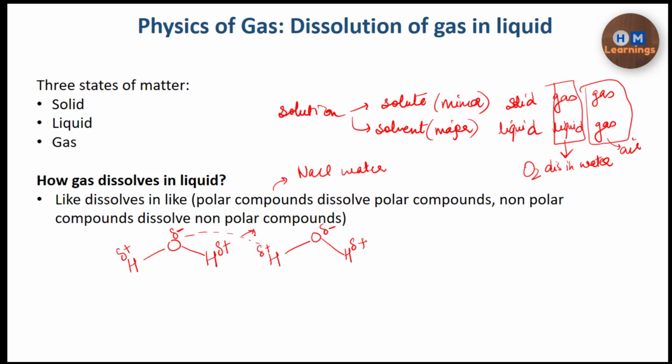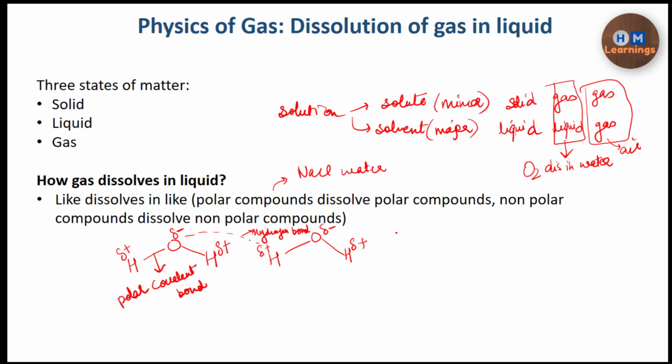This bond is called the hydrogen bond, which is a type of intermolecular bond. Water molecules are held together by hydrogen bonds, which are formed by the polarity of the molecules. This bond within the molecule is a covalent bond, and specifically a polar covalent bond. This is what a polar molecule is.